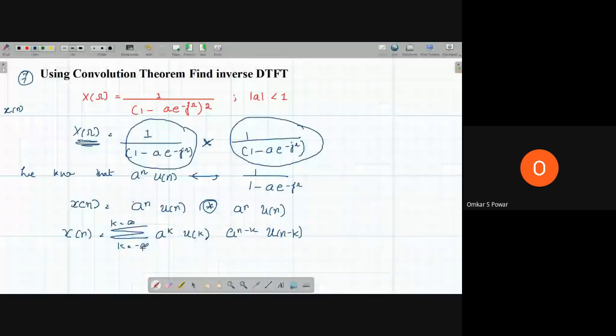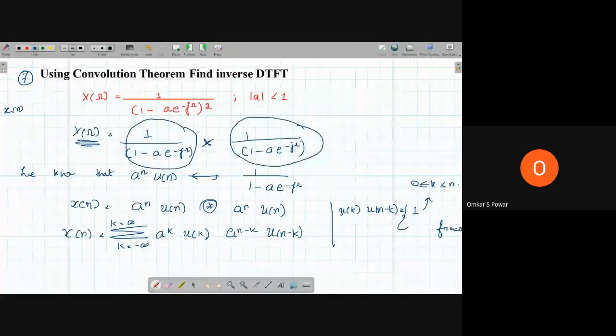Convolution of these two terms, see that one. So how is this term defined? u of k into u of n minus k is equal to 1 for k greater than or equal to 0 and k less than or equal to n. For n less than 0, it is 0.